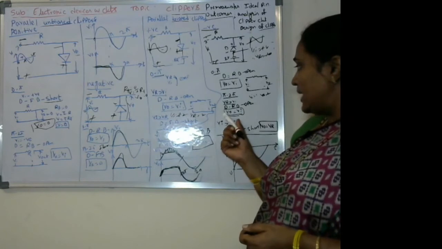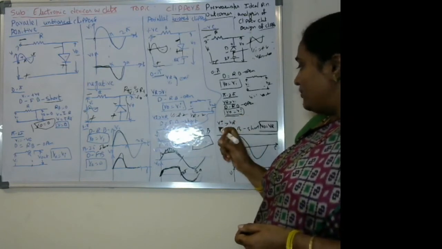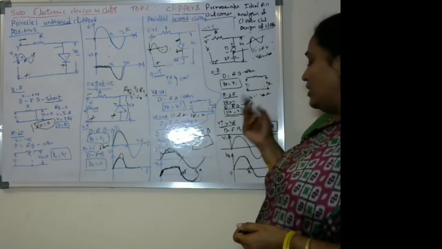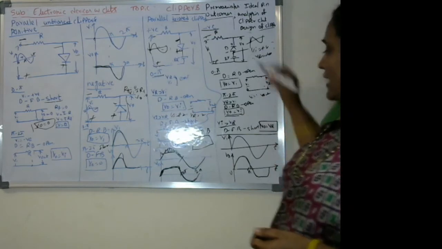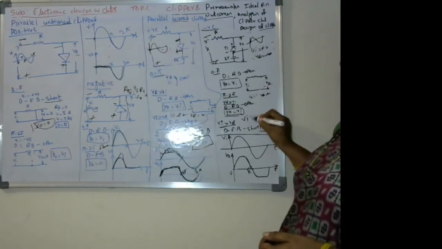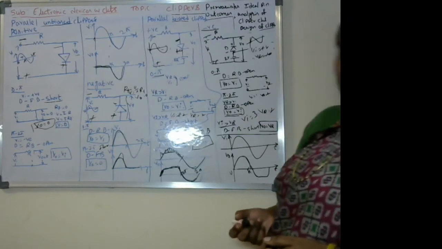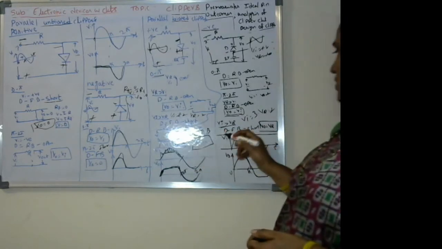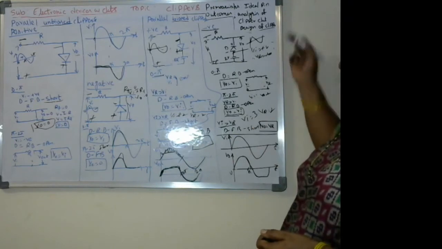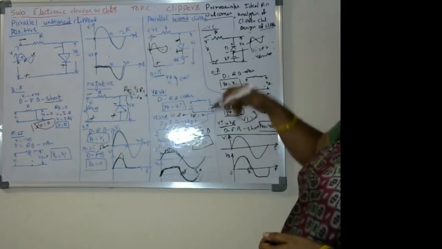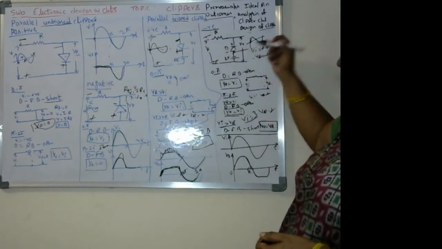Next comes the case where Vi is greater than Vr. Like the case if Vi equals 3 volts and Vr equals 2 volts. In this case, if you observe the scenario, which one do we have to consider? The input has to be considered. With respect to the input, what happens to the diode?